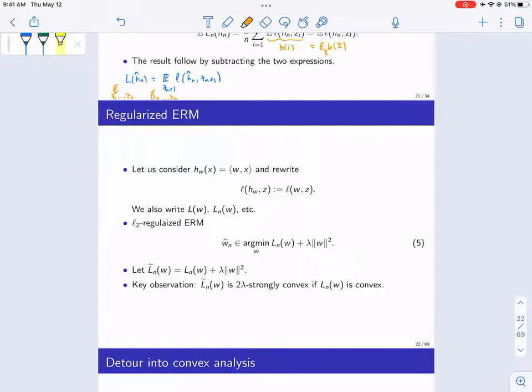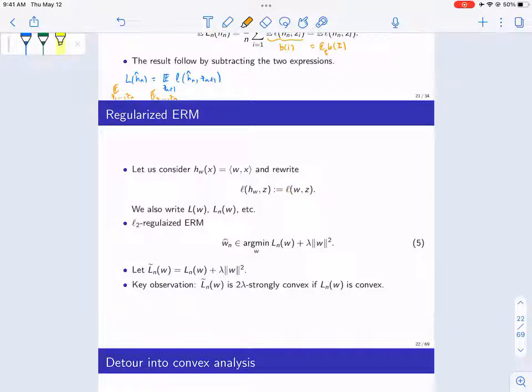So let's look at the linear classifier. So H is now like that, and I'm going to switch to my other notation for loss. The loss between this classifier and Z, you write it as the loss between the weight and Z. And then we also write L(W), L_n(W). These are the population loss and empirical loss based on this version of the loss.